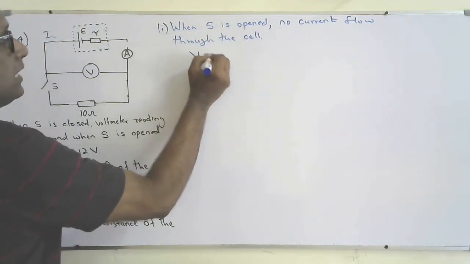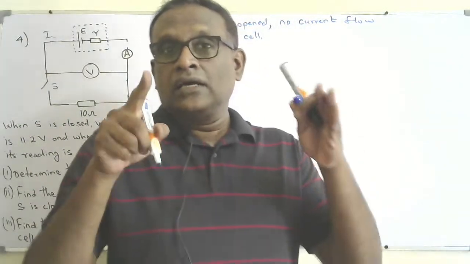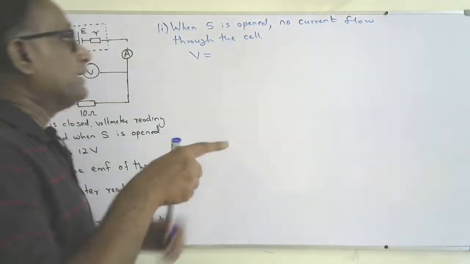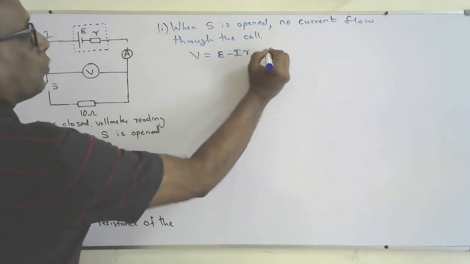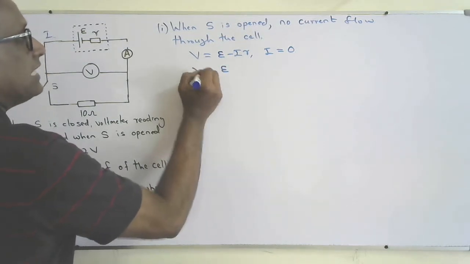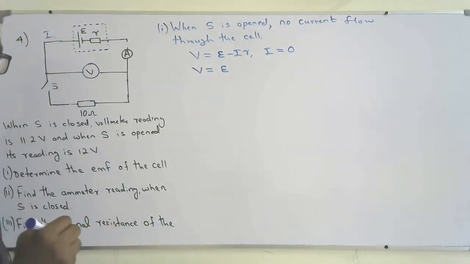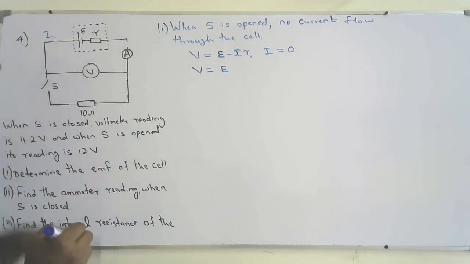So the terminal potential difference of the cell, which is read by the voltmeter, V equals E minus IR, where I is equal to 0. So that means V is equal to EMF. And V is recorded by the voltmeter as 12 volt.